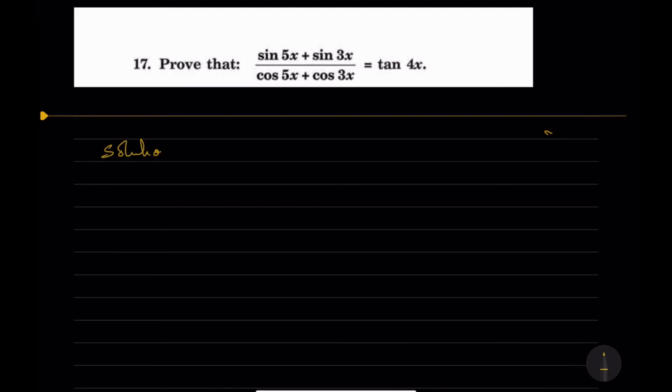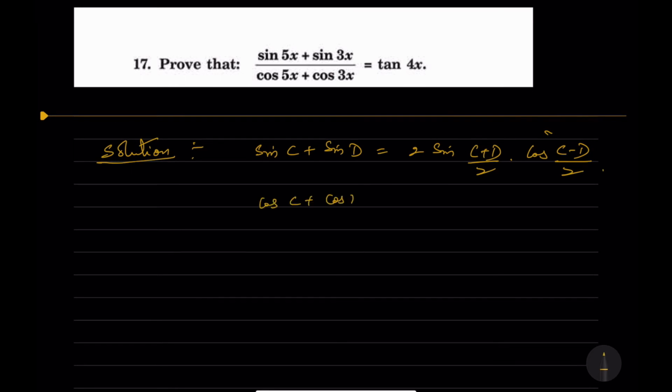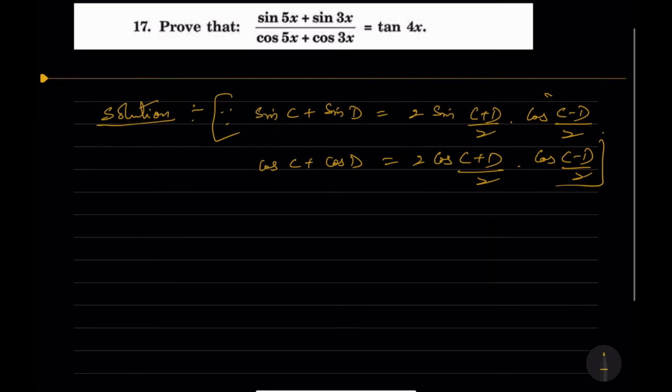So in the solution part, again using the c minus d and c plus d formulas: sine c plus sine d is equal to 2 sine of (c plus d) by 2 into cos of (c minus d) by 2, and you also have that cos c plus cos d is equal to 2 cos of (c plus d) by 2 into cos of (c minus d) by 2. So using these formulas, we'll just see what we are getting.